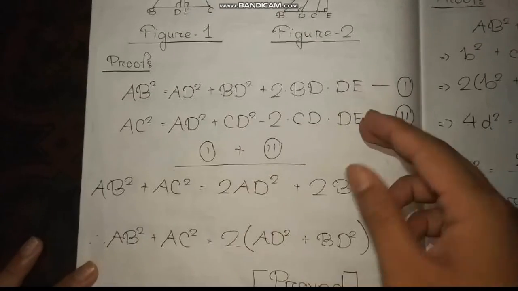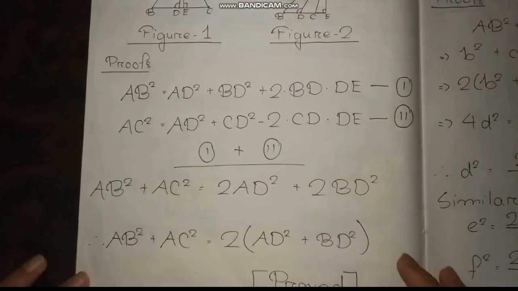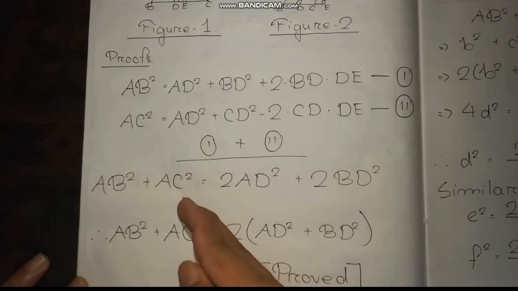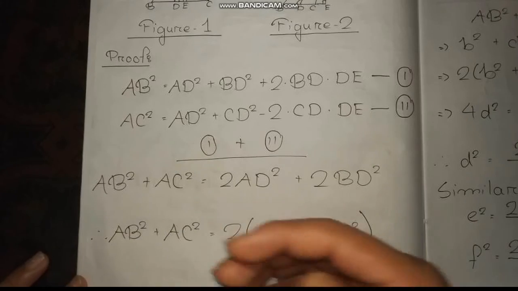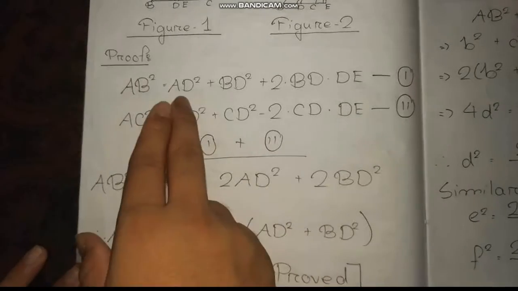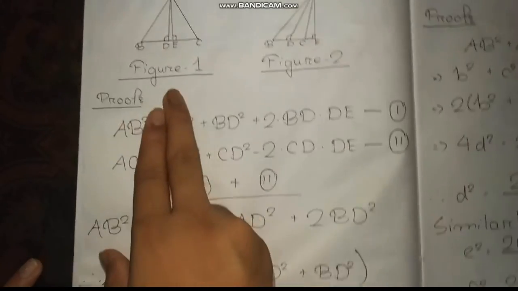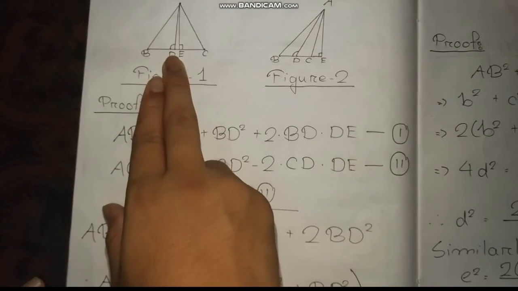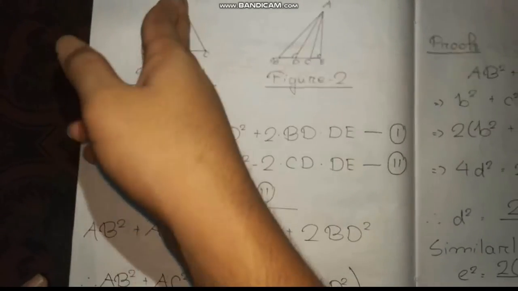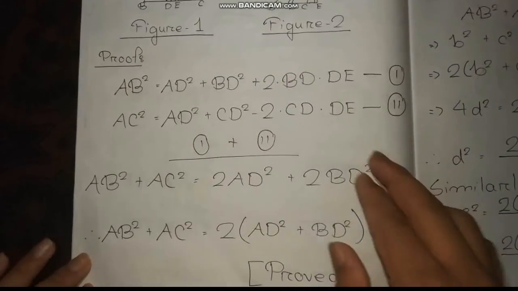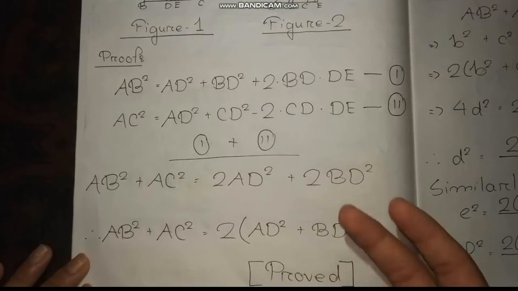So if we add these two equations, we get AB squared plus AC squared. It's pretty simple. Now the right hand side: 2 AD squared and 2 BD squared. Remember, the point D in these two figures is on the median, so AD is the median and D is the midpoint of BC. So BD is obviously equal to CD.